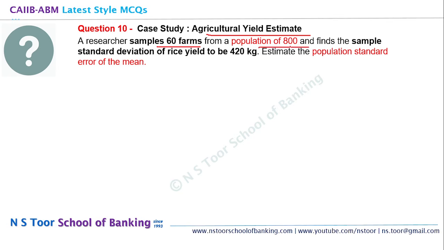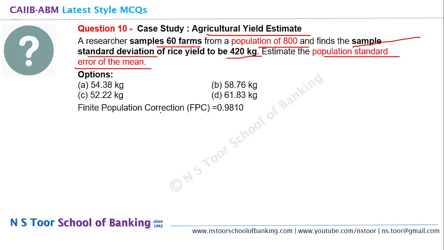So the population, big N, is 800. She finds the sample standard deviation of the rice yield to be 420 kg. Estimate the population standard error of the mean. We have to find out the population standard error of the mean.